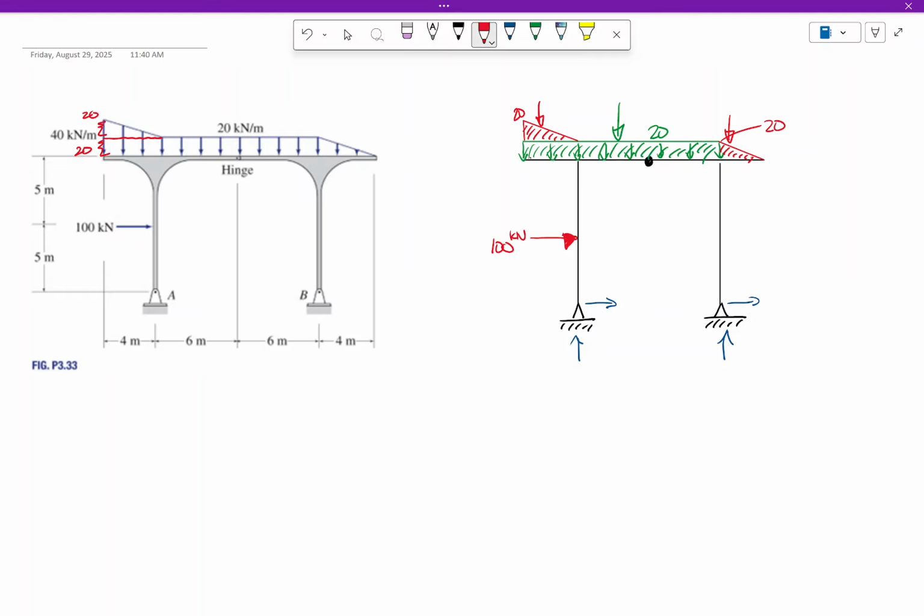The structure has to hold it up. So I'm saying that this distributed load is 20 kilonewtons per meter over a distance of 16 meters, right? 4, 10, 16. So it's all that. And so you're going to have a triangular load here that's 4 meters wide, and a triangular load there that's 4 meters wide. So this is 16 meters, and you can figure out how far over that goes. Does that make sense?